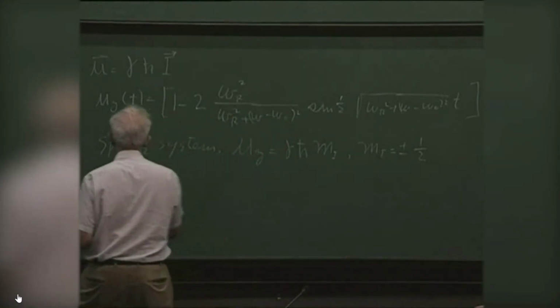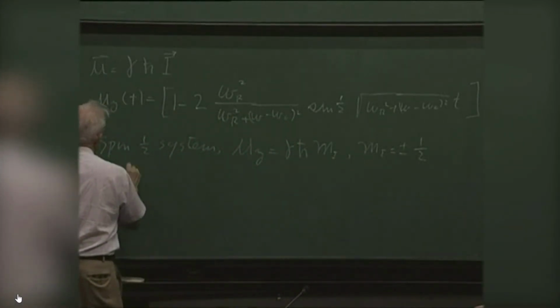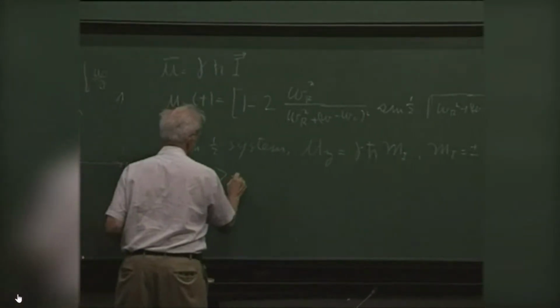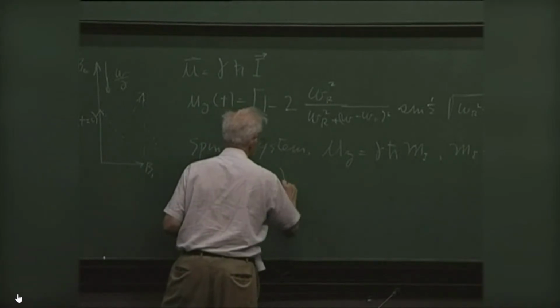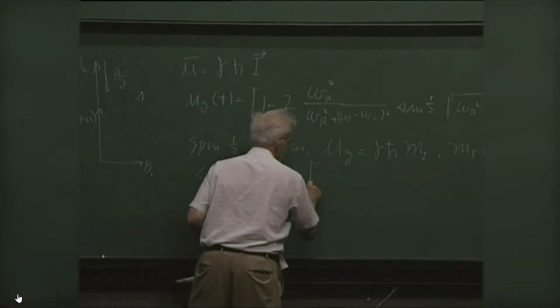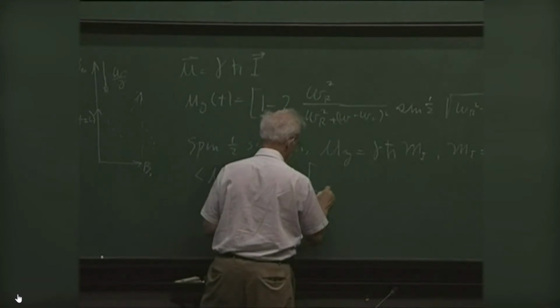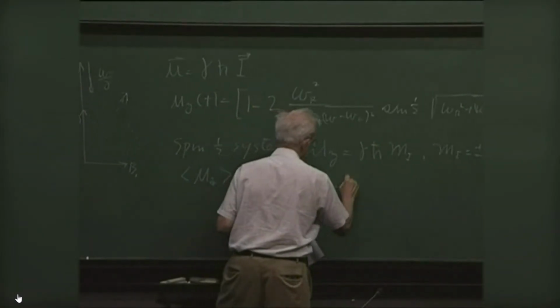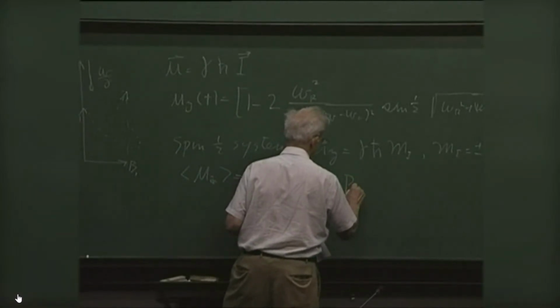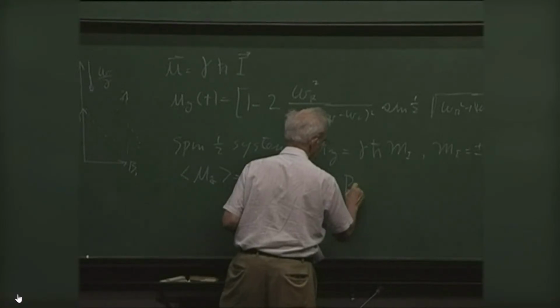And the expectation value of mu z then is just going to be equal to 1/2 gamma h bar times the probability that it's in the state p 1/2 minus the probability that it's in the state p minus 1/2.